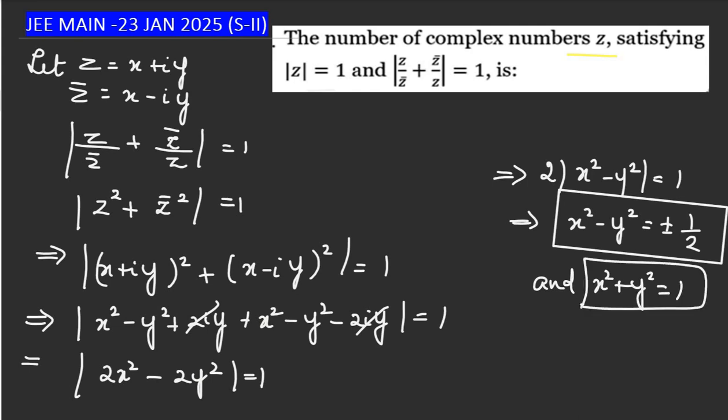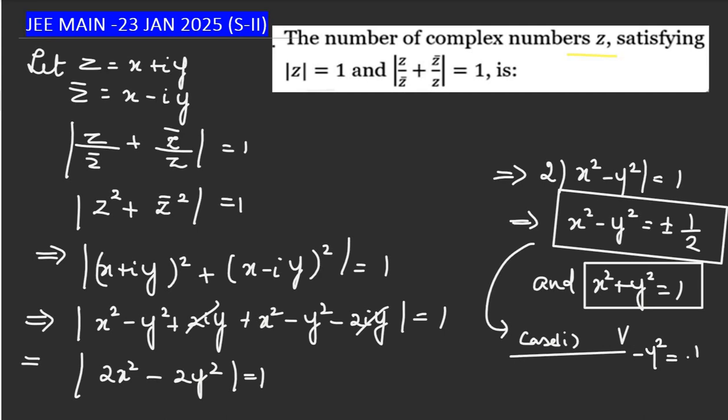So x squared plus y squared is equal to 1 is an equation of the circle, and we have two cases. Case 1 is x squared minus y squared is equal to 1 by 2, and case 2 is x squared minus y squared is equal to minus 1 by 2.